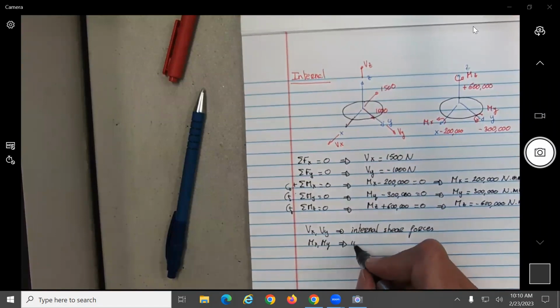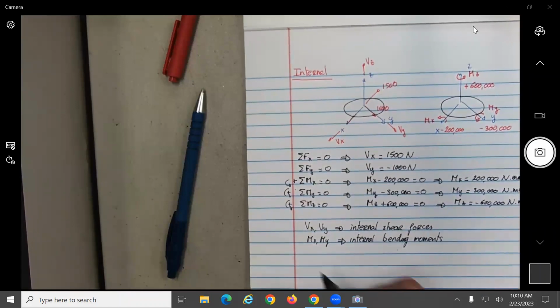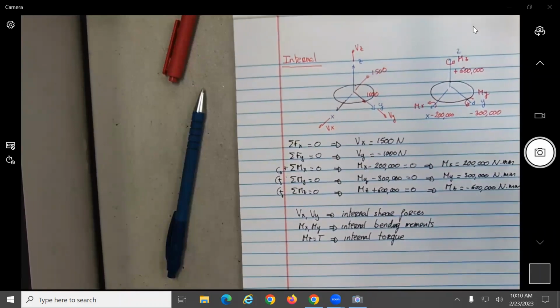So this should be the internal moments, and the Mz really is what? It will produce what? What type of deformation will it produce? You should know. Yes, so it will be the internal torque.